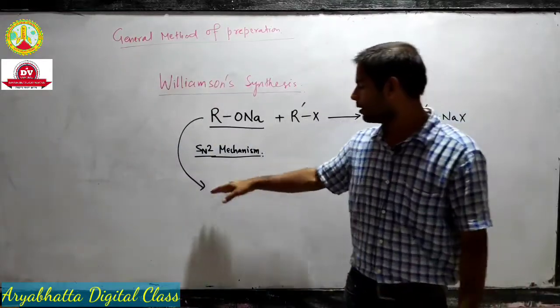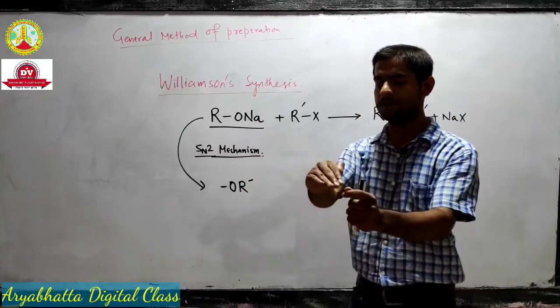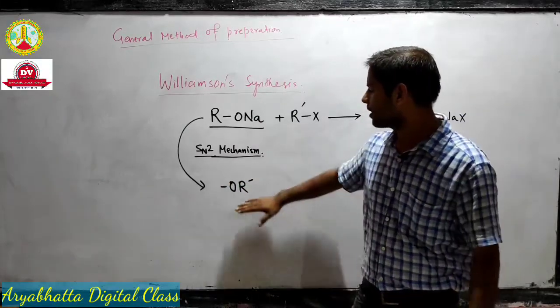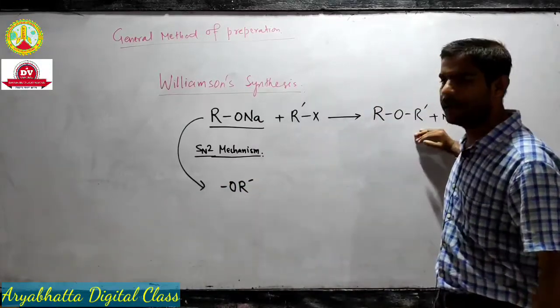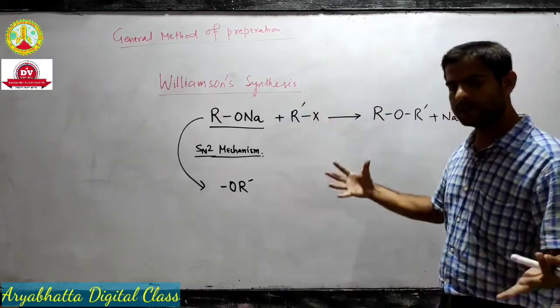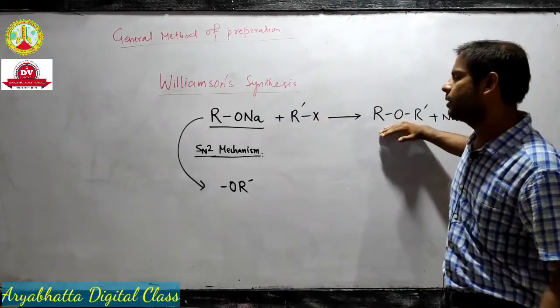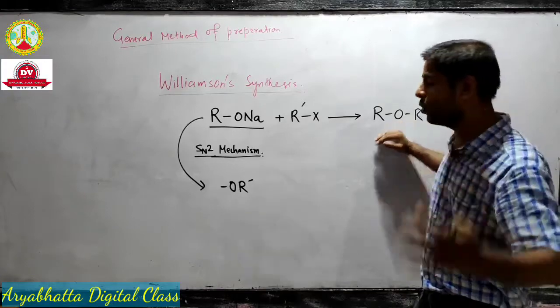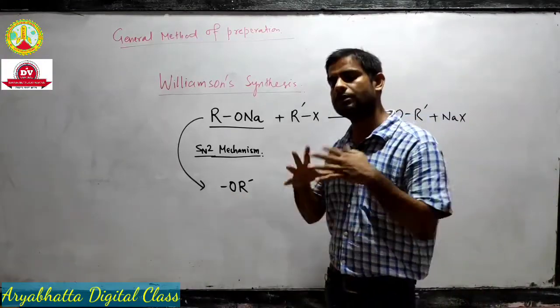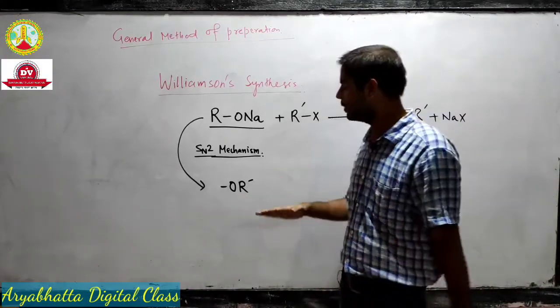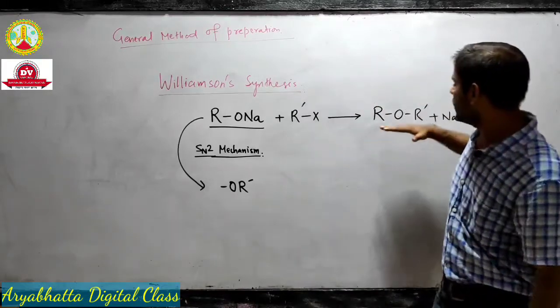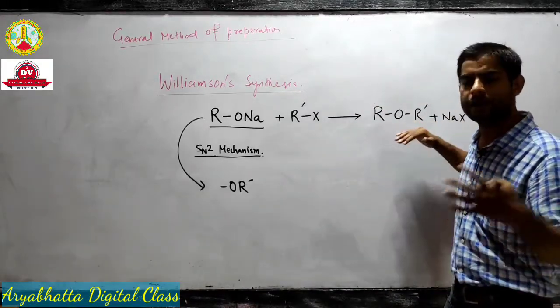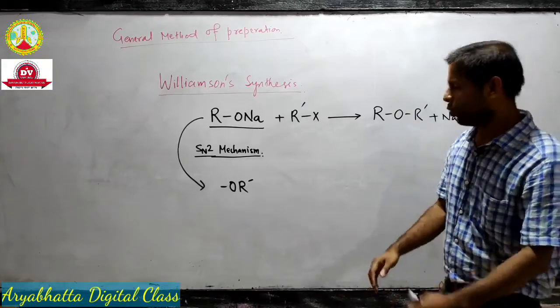The nucleophile will attack from the backside and we will get the final product. When we used KOH, we got OH here because the nucleophile was OH. Now since the nucleophile is OR negative, instead of OH we will get OR or OR dash.